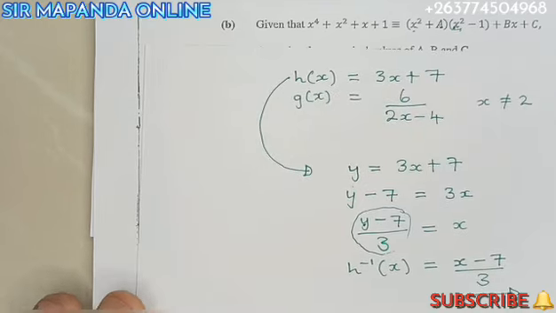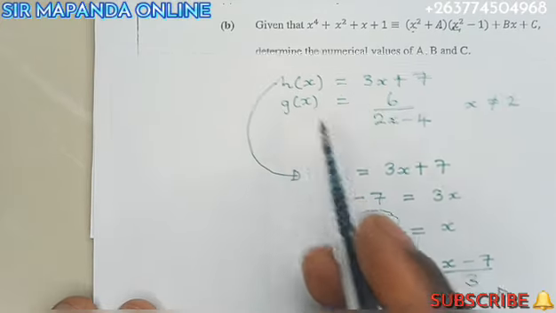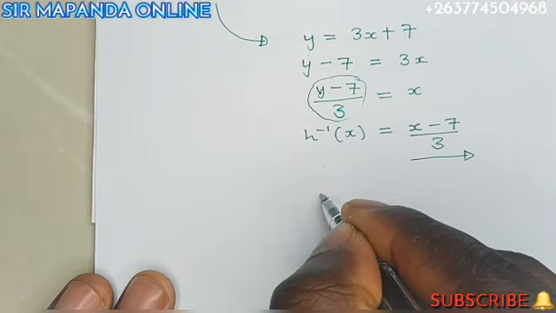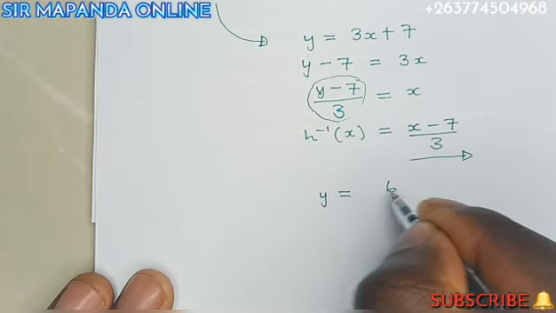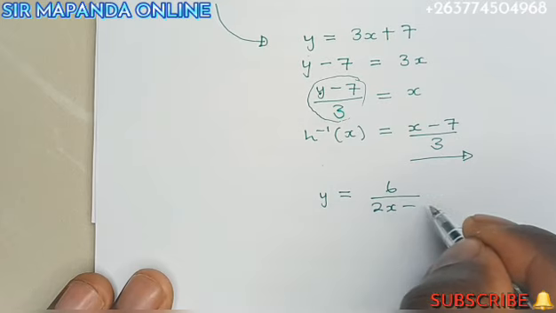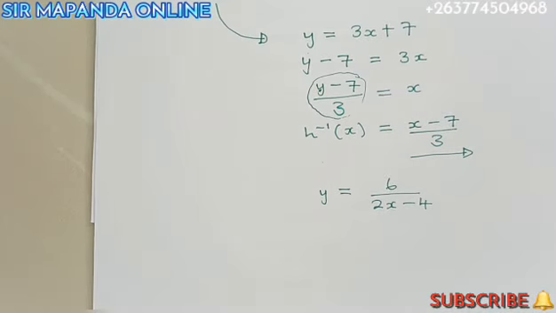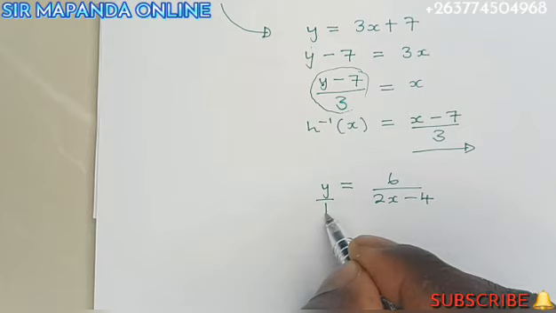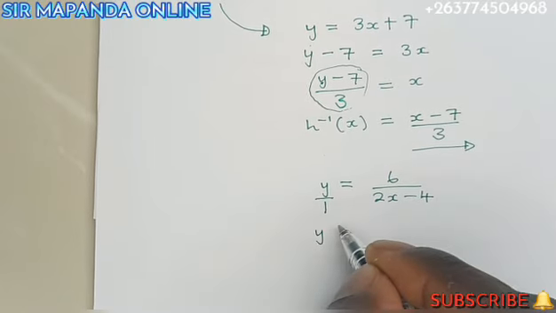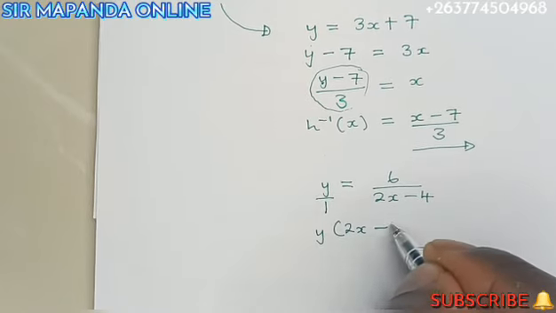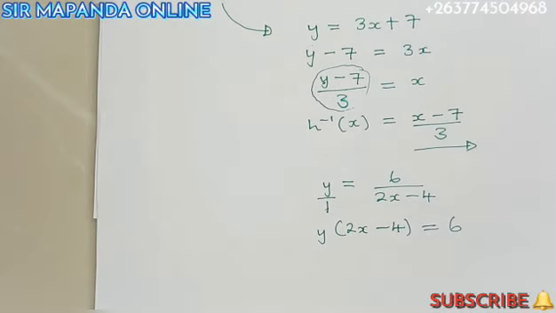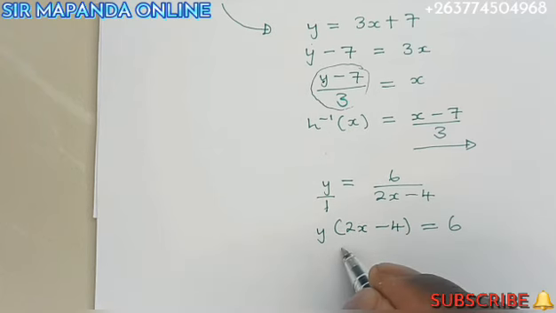So firstly, what you need to do, you convert g of x into y, like what we did on the first part of the question. So you get y is equals to 6 over (2x minus 4). Then we want to make x the subject of the formula. So we can do the process of cross multiplication. y is going to multiply (2x minus 4), then 1 times 6, you get 6.